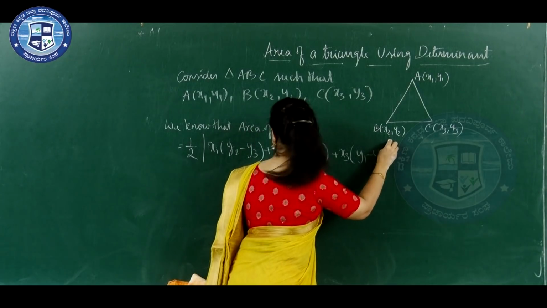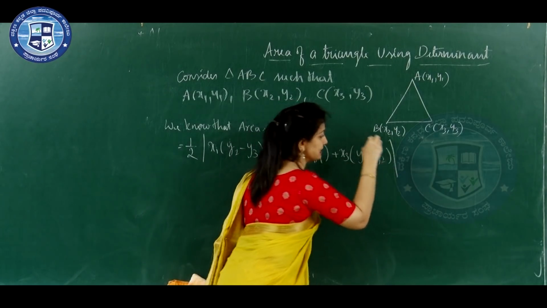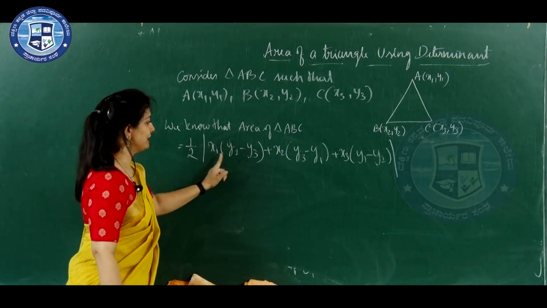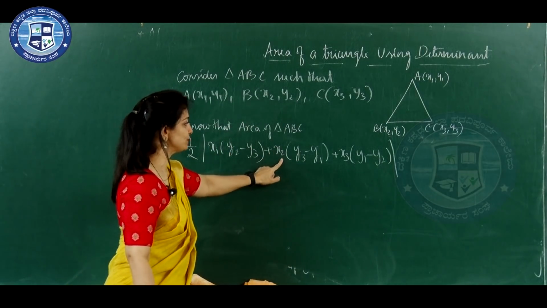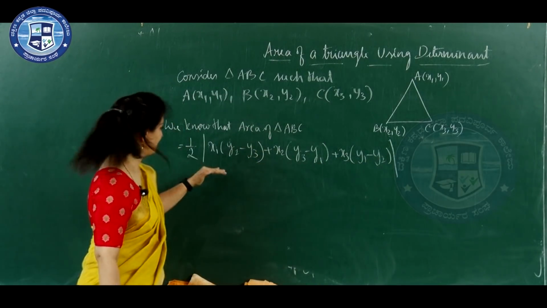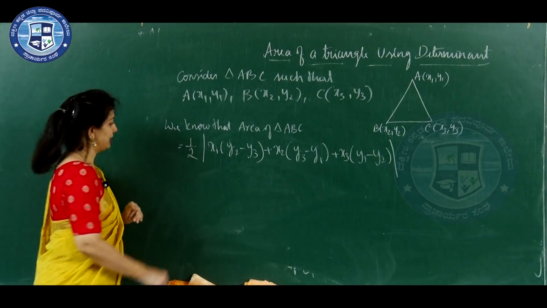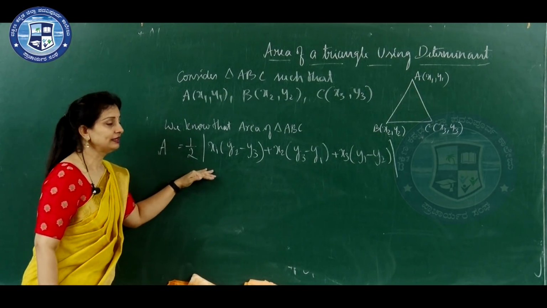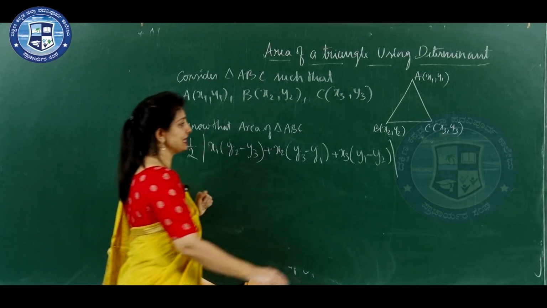This you have studied in the smaller classes, high school. So, half into x1(y2 minus y3) plus x2(y3 minus y1) plus x3(y1 minus y2). That is the area of triangle. Area is equal to this value. We will take this as first equation.